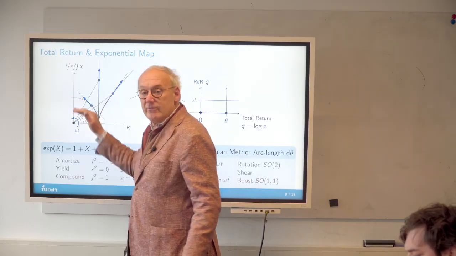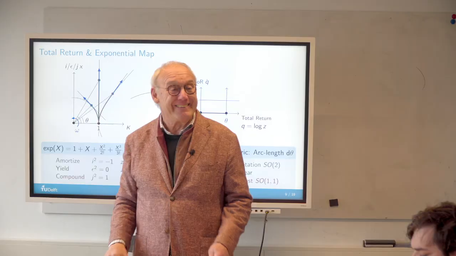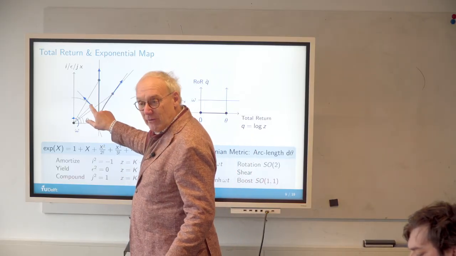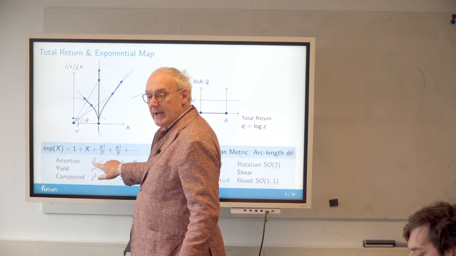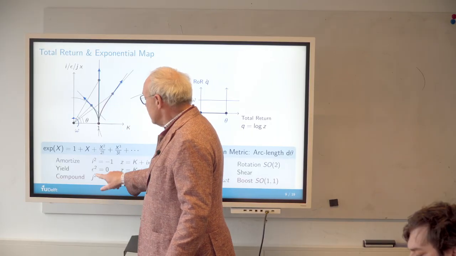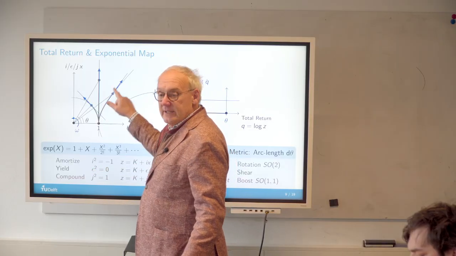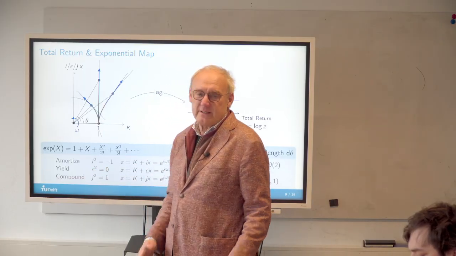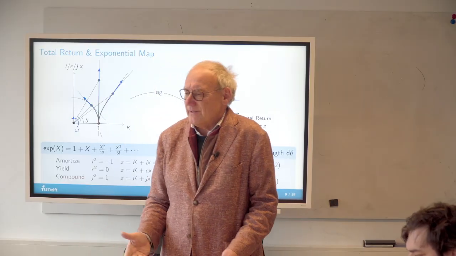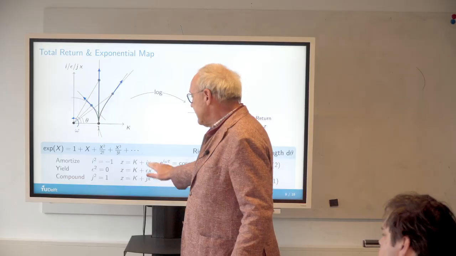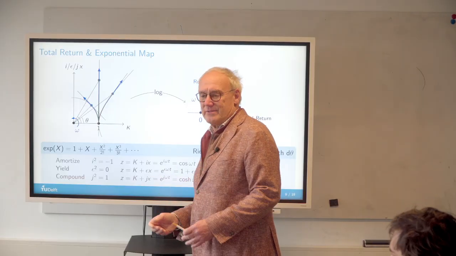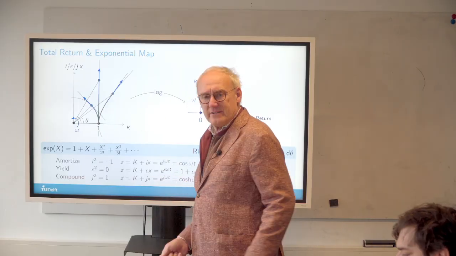and then I move into the group itself. So then I get a rotation if I use i squared is 1. I get a shear if I use some i squared, I call it epsilon, is 0, or I get this if I take these. This is just a way to represent the groups. I did it this way because you're so familiar with these results, but you could have done it with a matrix.